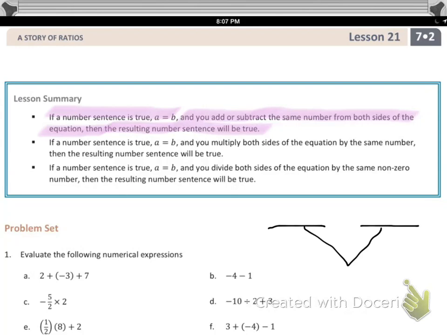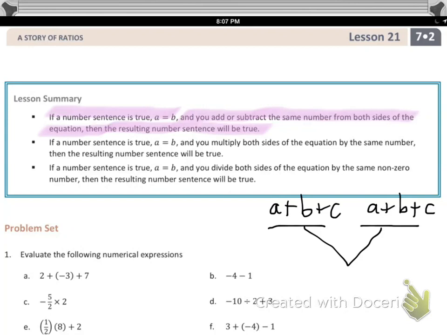If I have A plus B and then A plus B, they are balanced. If I add a C over here, I am going to tip that balance, and it's going to tip this way. So I need to add C to that side as well, again to balance it.